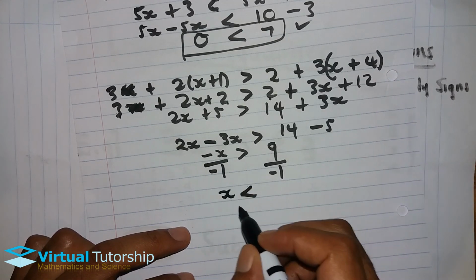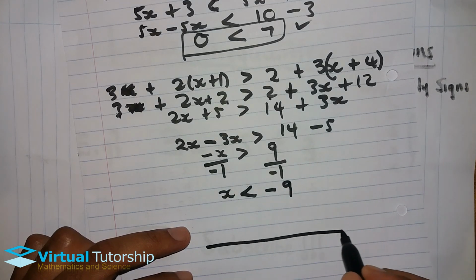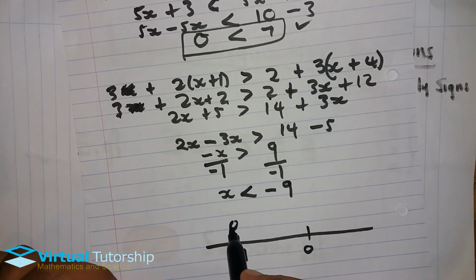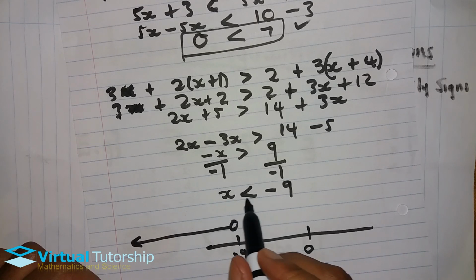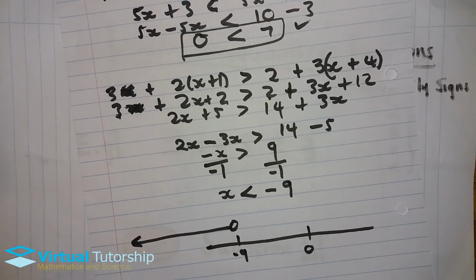So it will be positive x, and here it will be 9x. So now you will graph your solution, you will find this is 0, minus 9 somewhere here. So my solution is to the left of 9. So any number that's less than minus 9, which is to the left hand side, that is my solutions.